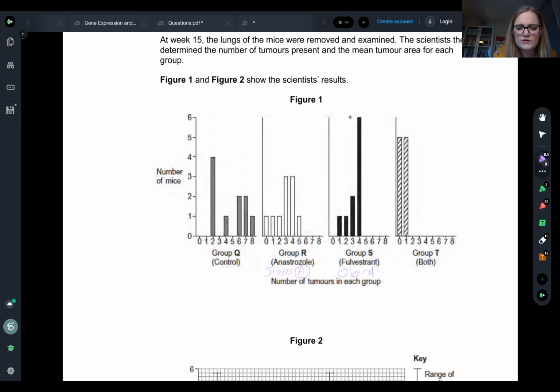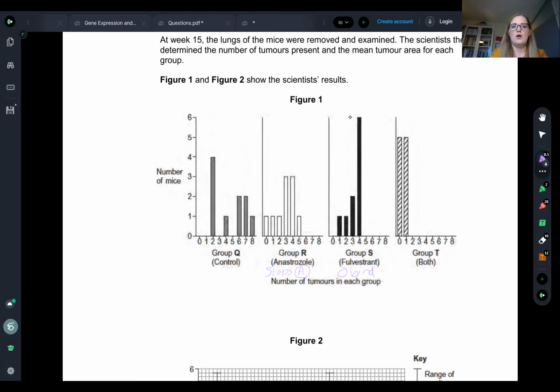Group R, which is the anastrozole, which is stopping the estrogen. We did have some with none. We had 1 with 1, 1 with 2. We still had 3 with 3, 3 with 4, 1 with 5, but we didn't have any up in the 6, 7, 8. So it has reduced how many each individual mouse had.